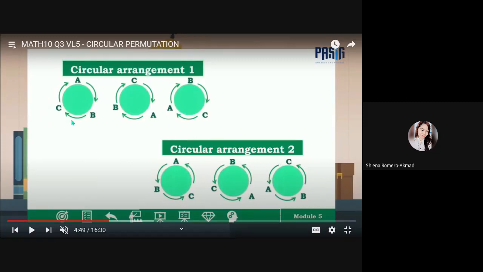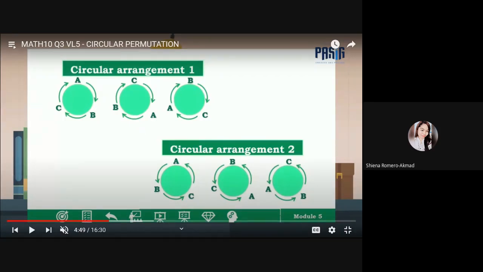Hindi tulad kapag nag-arrange ka sa line, kunwari, gusto ko mauna si Bobby, gusto ko pangalawa si Malu, gusto ko pangatlo si, di ba? I am choosing from right to left. Alam ko kung saan ako magsisimula, saan ako matatapos. Gusto ko dito ako magsimula sa dulo, mag-arrange ako and so on.